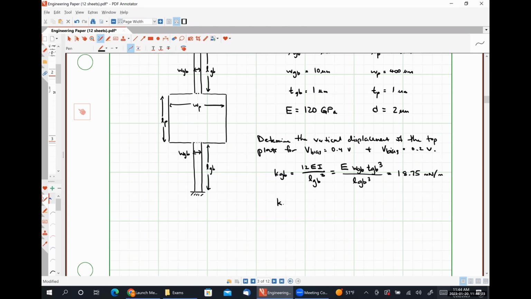Because we have 2 of those springs connected in parallel between our plate in the middle and our anchors, our mechanical spring constant for our system is going to be twice the spring constant of one guided beam spring, which comes out to be 37.5 millinewtons per meter. Now we're going to calculate a couple of other things here.